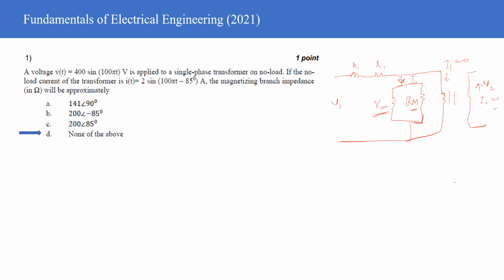So if you see, the values of X1 and R1 are negligible compared to the values of XM and RM, right? So this particular circuit of transformer can be modified into something like this, right?